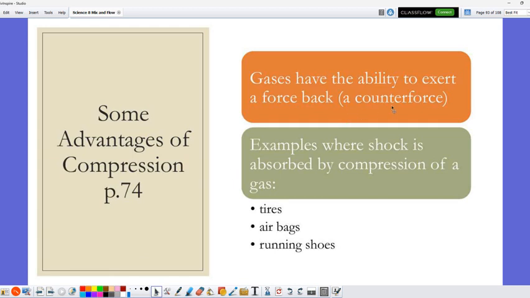They have a counterforce. Examples where we use this are tires, airbags, and running shoes. With tires, you hit a bump, it pushes in and then it pushes back out. That's why we don't have solid tires, because the force of going over a bump would be transferred right into the car. It'd be very uncomfortable.